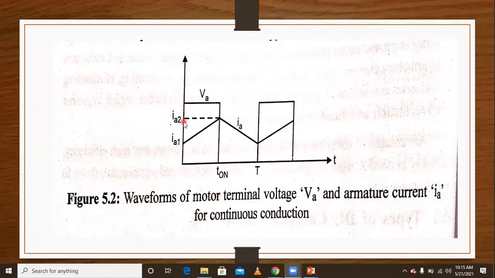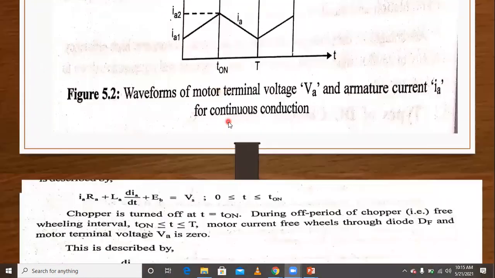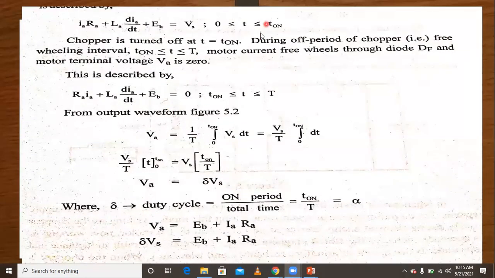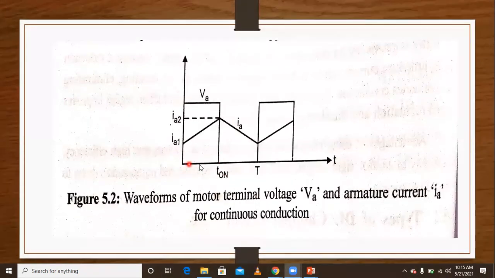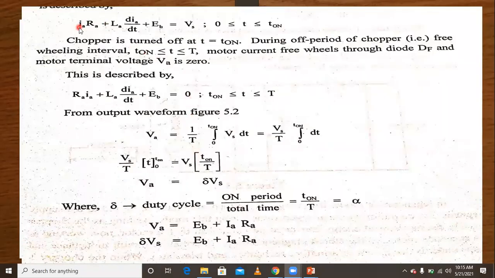So the operation is described with some mathematical derivations. Consider the turn-on condition, 0 less than or equal to t less than or equal to T on. In this period, the chopper is turned on. So this is the EMF equation.